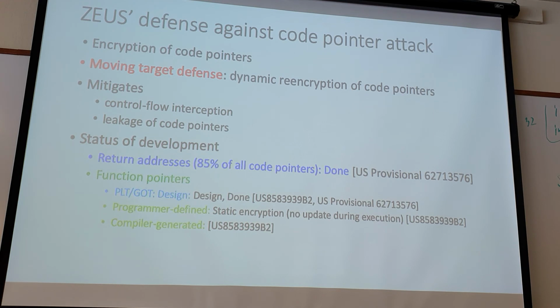Zeus's approach to static encryption of programmer-defined function pointers is notable. Encryption of these function pointers was tried a long time ago, what is called PointGuard. It's quite a long time ago, but there has been no paper or news reporting a complete implementation. I guess PointGuard was stopped by the difficulty caused by typecasting and pointer aliasing in function pointers.